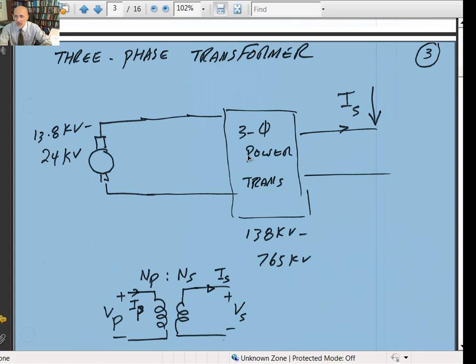What they do is a delta to Y connection, which we're going to discuss in a minute. If you jack up the voltage so high, the current is going to go down in the secondary, and then you have I squared R losses in the transmission line which will be very small, because the power company pays for transmission losses. They only charge the consumers at their location, so whatever they lose on the transmission line is really a loss for the power companies.